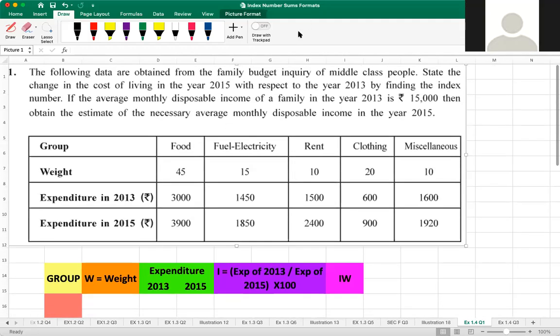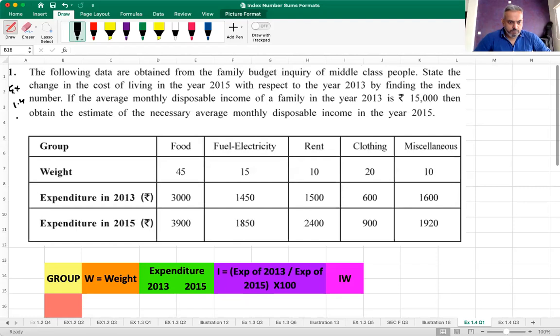Now exercise 1.4, question number 1, page number 38. The following data are obtained from a family budget inquiry of middle class people. State the change in cost of living in the year 2015 with respect to year 2013 by finding the index number.